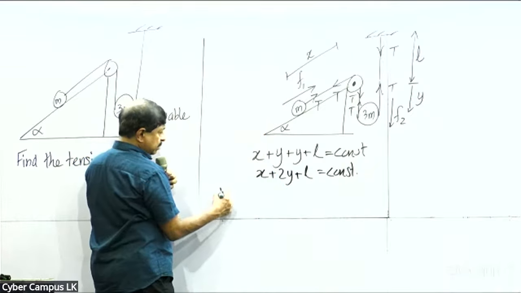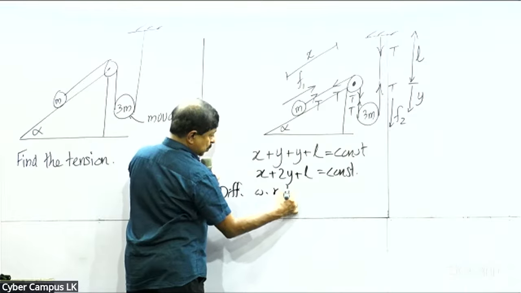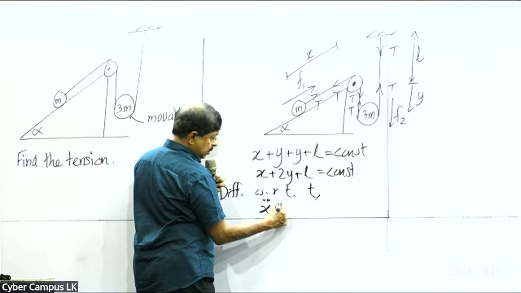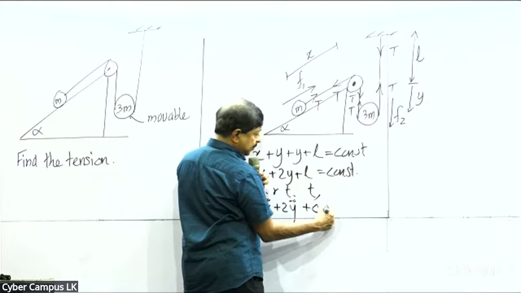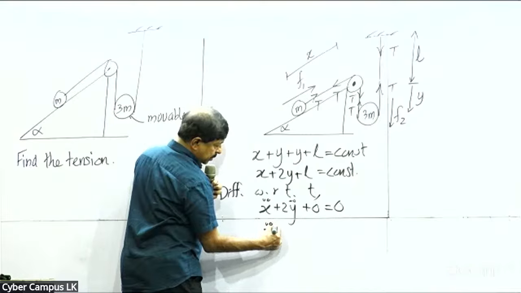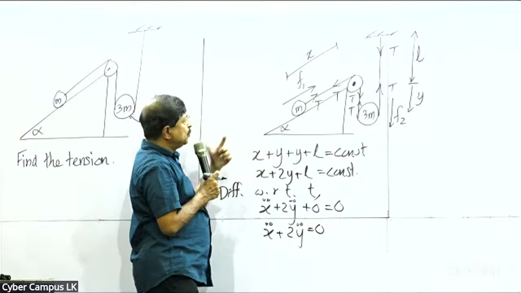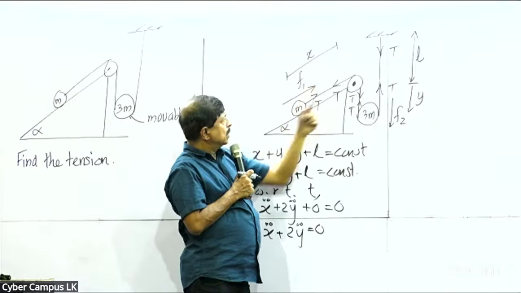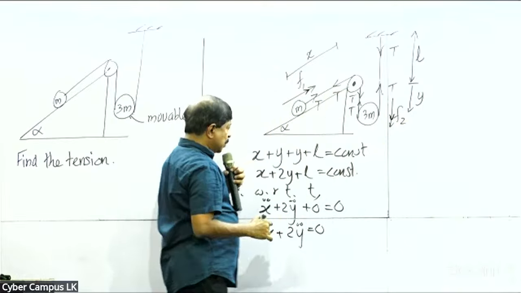So by differentiating this with respect to time, you get x double dot plus 2y double dot plus 0. This is 0 because it's a constant. Now we can write it like this: x double dot plus 2y double dot is 0. Now, if this object takes the indicated direction, X will go down.